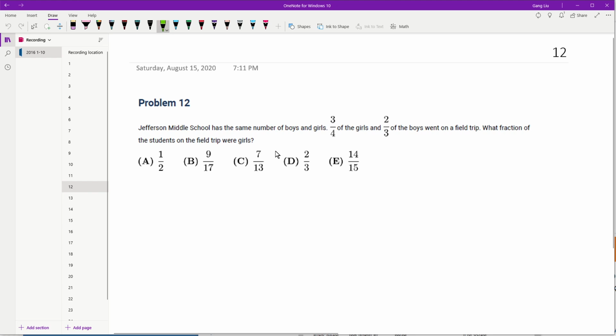For this problem, the easiest way is to assume a specific number which can create an integer solution. Because the least common multiple of 3 and 4 equals 12, we assume that the middle school has 12 boys and 12 girls.